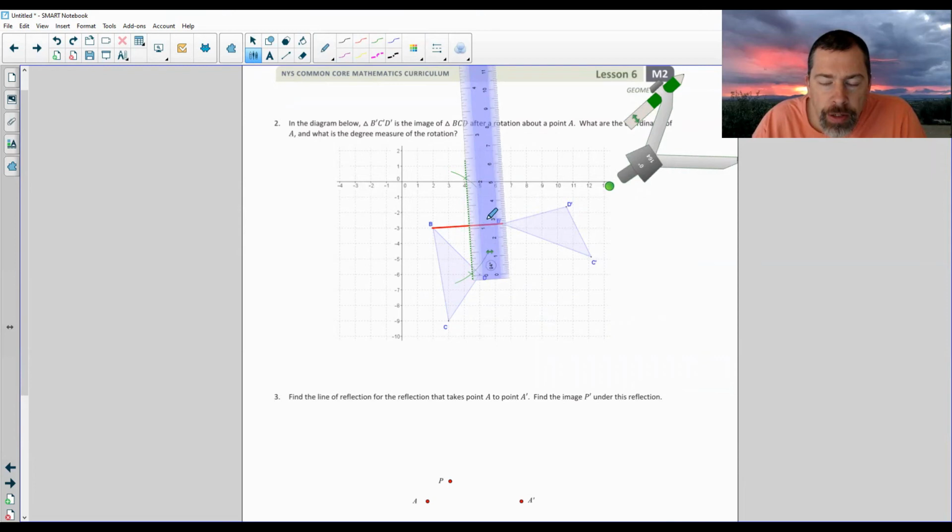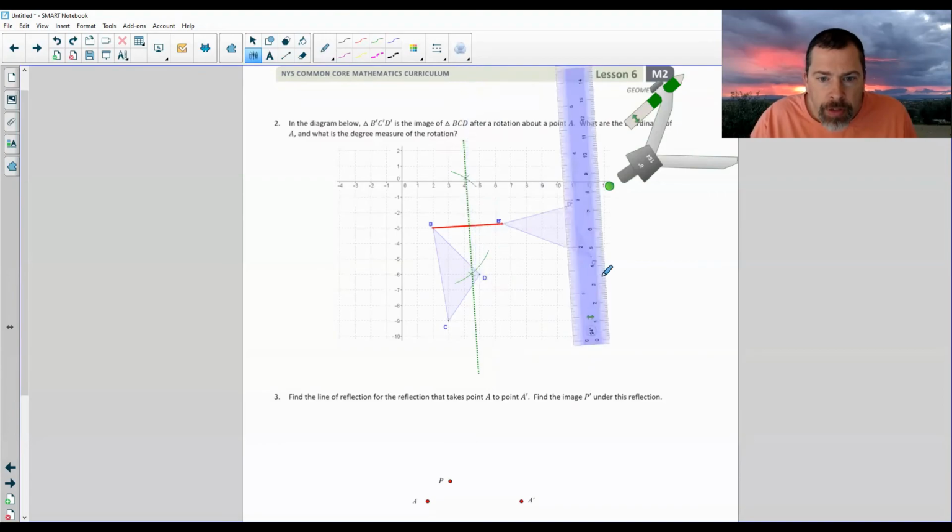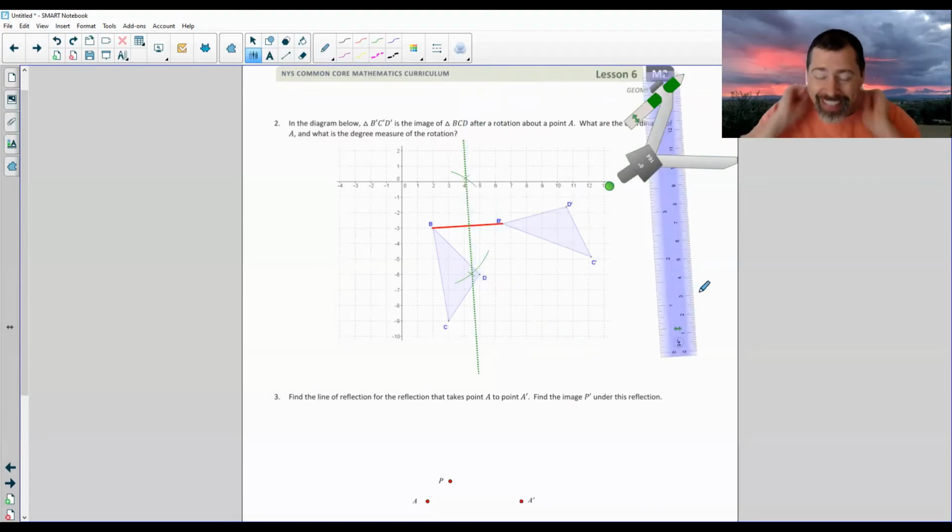So I might have to extend that. So let me make it longer. Okay. So there is my perpendicular bisector to B prime. You only need to do 2 because all 3 will intersect at the same location. So I'm only going to do 1 more now.